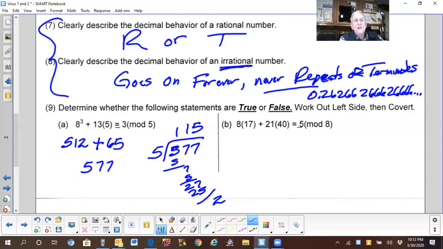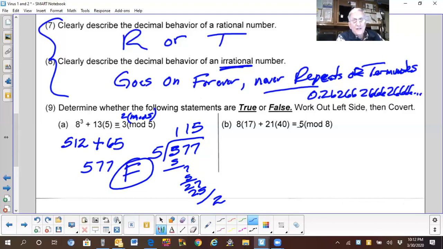So this number, written as a mod 5 number, 577, when you divide it by 5, it produces a remainder of 2, okay? Since 2 is the remainder, it is the answer. So this answer should be 2 mod 5, not 3 mod 5. So this answer is false.